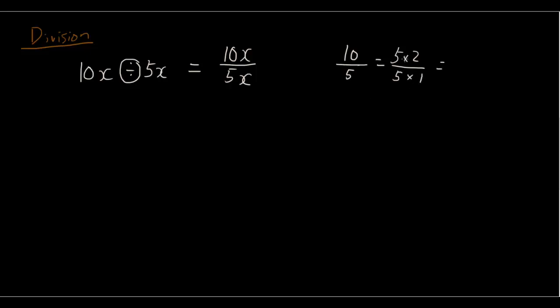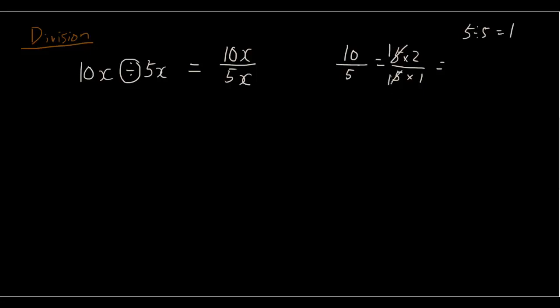And when you have a factor that is the same in both the numerator and the denominator, they cancel down to 1. Because if you think about it, 5 divided by 5 is 1. So you can cross out the numbers, change them to 1.